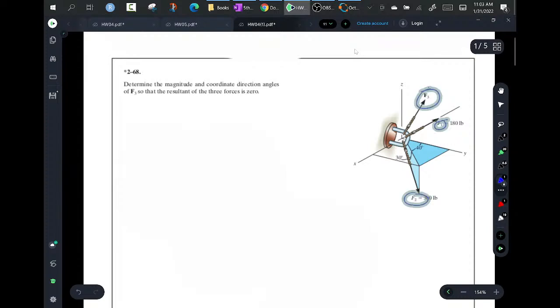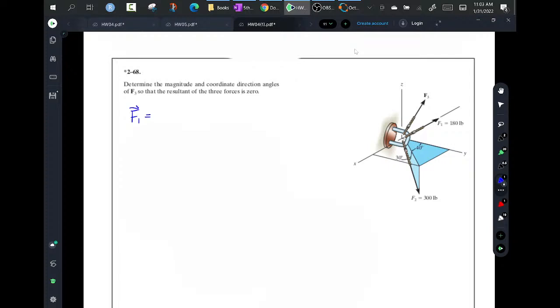So let's attack F1 first. It's just going to be, oh, that's the easiest thing. To me, it looks like F1 is going straight down that direction of a minus 180. Is that right?